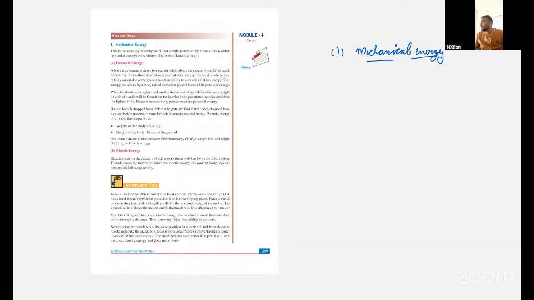One more thing we can say: everyone has a water tank. Like in your house there might be a water tank. Is it downstairs or upstairs, on the roof? Upstairs, yes. So you will have a motor which pumps the water to the roof tank.